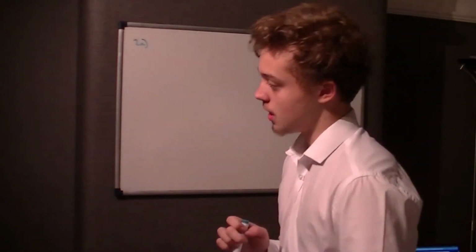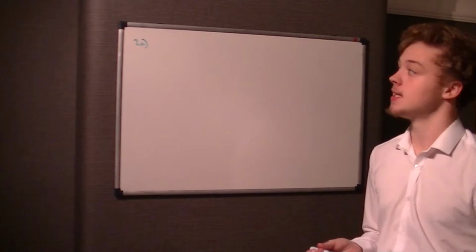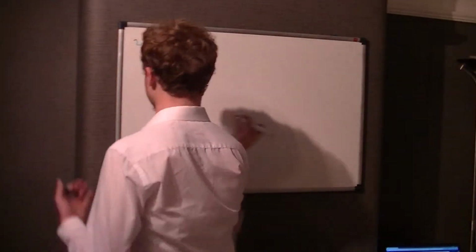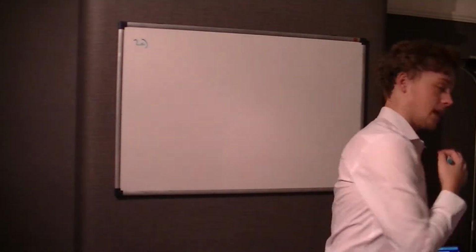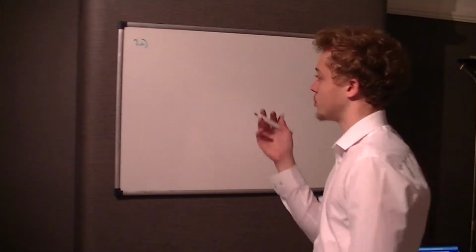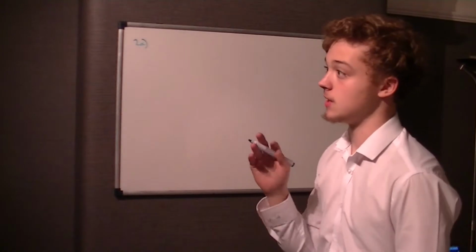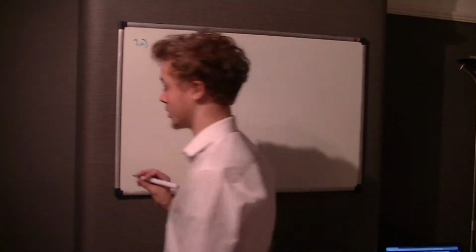People weren't reading the question right. It said find the exact solutions, and people put decimal places, which obviously is not exact, and also they didn't know what solutions were.